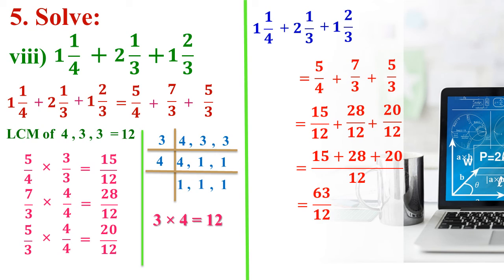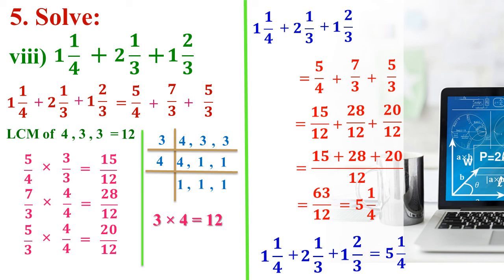Next, reduce to the lowest term and convert to a mixed fraction. So, we get 5 1/4. Therefore, 1 1/4 plus 2 1/3 plus 1 2/3 equal to 5 1/4.